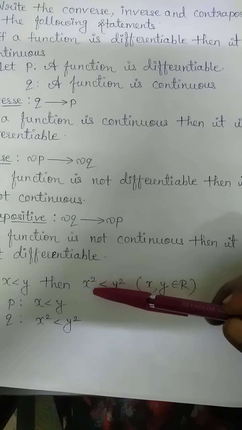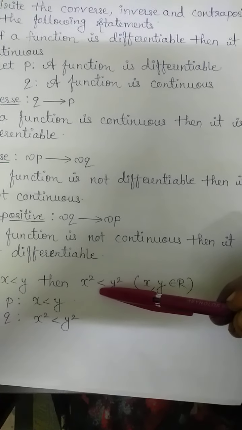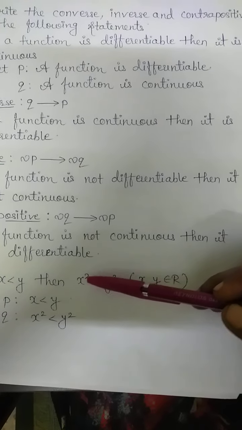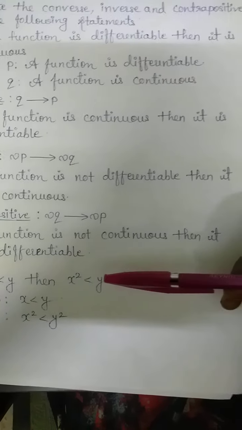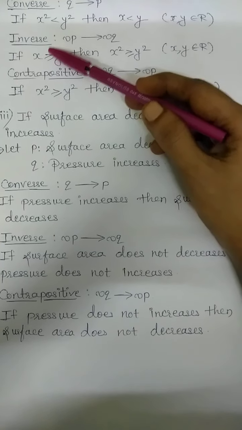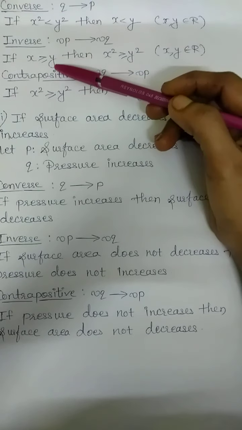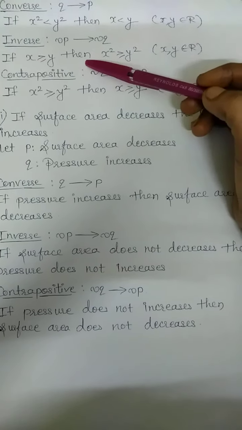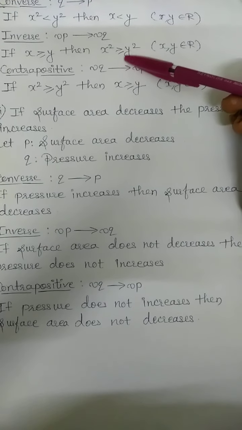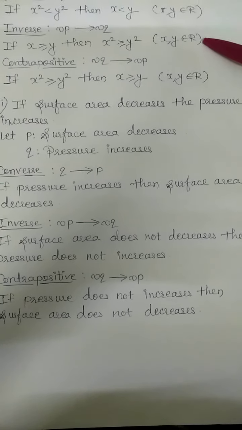Similarly here also, while writing the negation we will write x square is not strictly less than y square or x square is greater than or equal to y square. So while writing the inverse our answer will be: if x is greater than or equal to y, that is negation of P, then x square is greater than or equal to y square. X and y belong to real numbers.